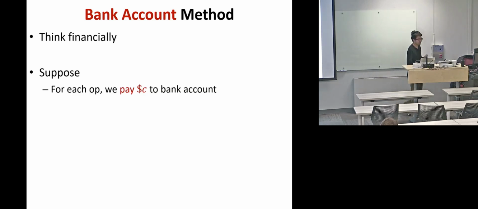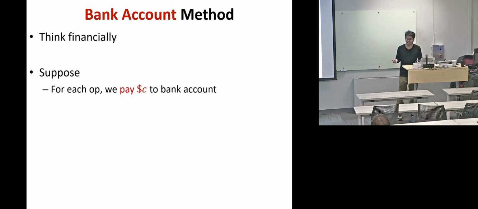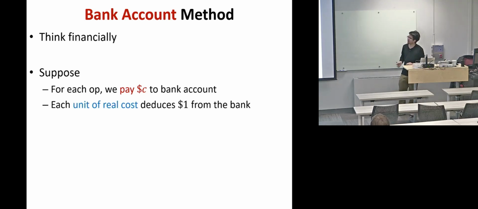Suppose that for each operation, let's say you want to increment the counter, you imagine that you pay some money to a bank account. You deposit the money to the bank account, and you might pay something in advance too. Then whenever some real cost occurs in the process, for each unit of cost that occurs, it automatically deducts $1 from your bank.